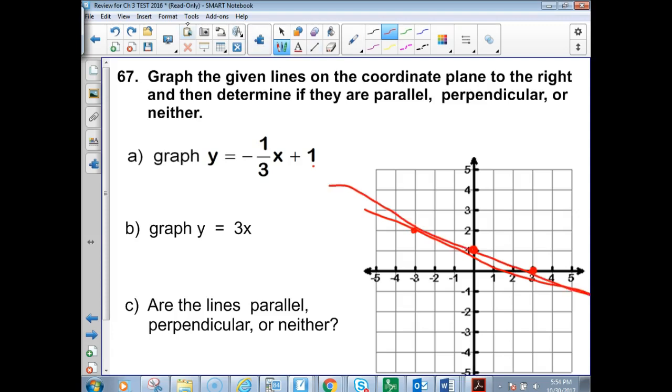Now I'm going to write that better. Oops, it's hard on this slate. There we go. That's line A. Then it says graph y equals 3x. That has a y-intercept of 0 and a slope of 3 over 1, which means up 3, right 1, or down 3 and left 1.